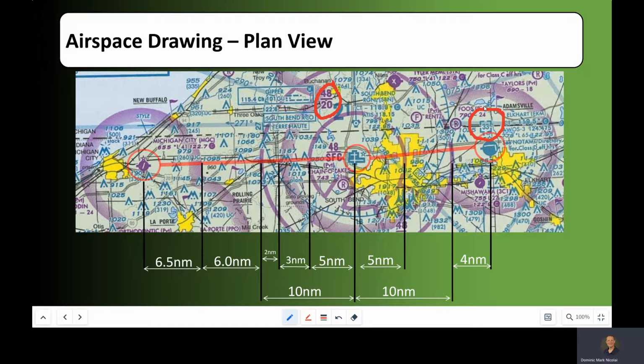And then I got my 1,200-foot mark. And then I can take that very easily over here. And now I know where to start marking 700 feet, because it's magenta shading on that side. And between the Charlie and Delta airports, it's also at 700 feet. So I got my ground level put in there.